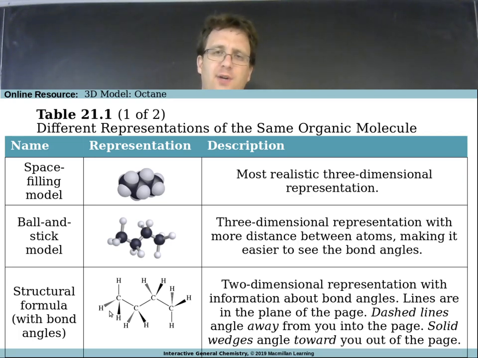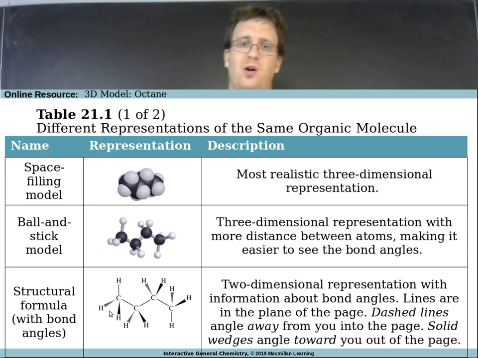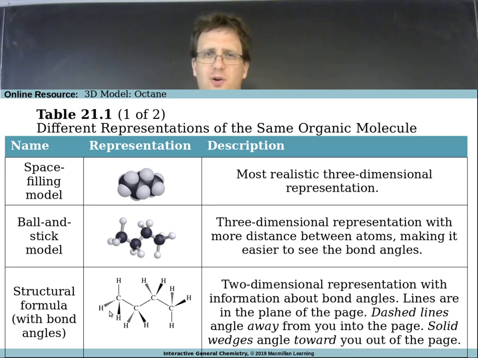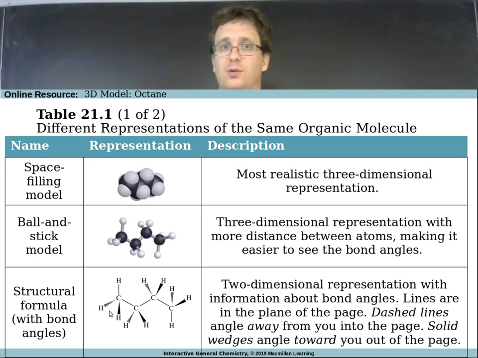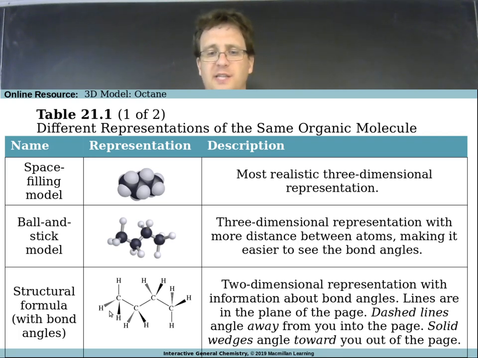Carbon atoms are represented with black balls, hydrogen with white balls, and other elements have other colors that represent them. And this is the most realistic picture of what a molecule looks like. Where are its boundaries? What parts are most likely to be touching other parts of the same molecule or parts of other molecules nearby? And so that's a space-filling model.